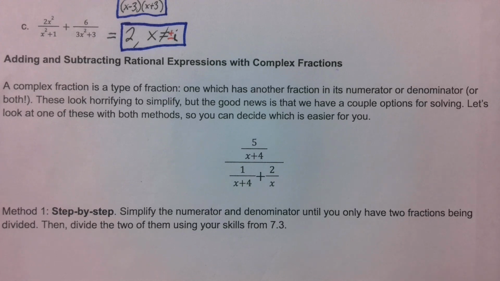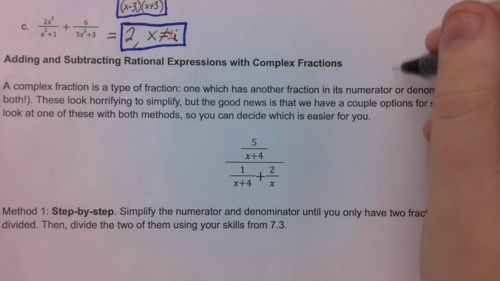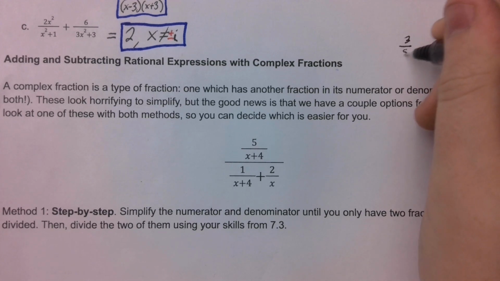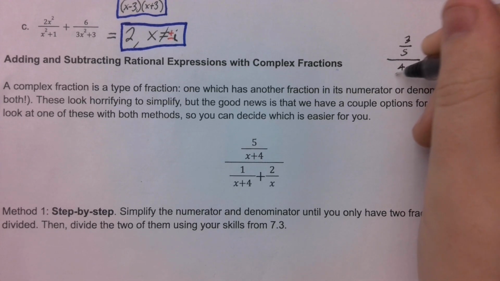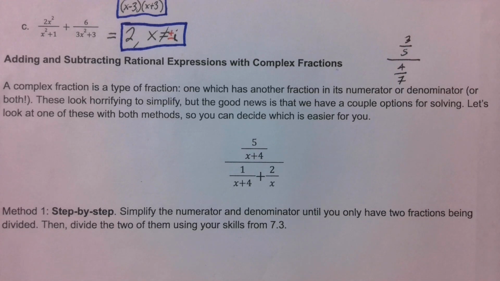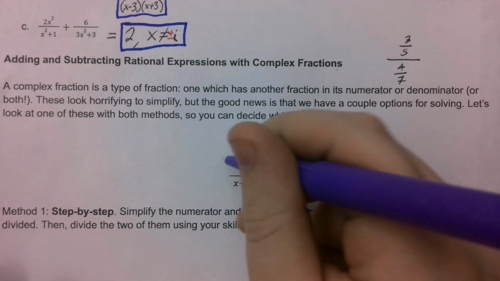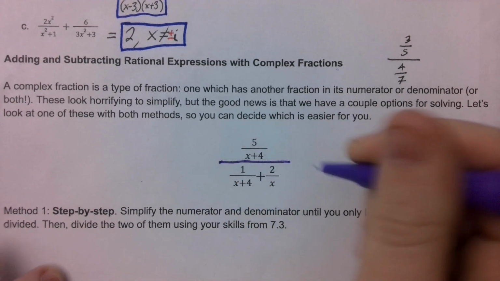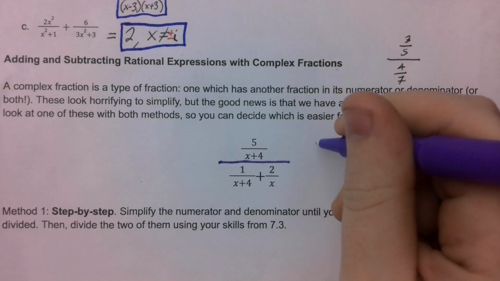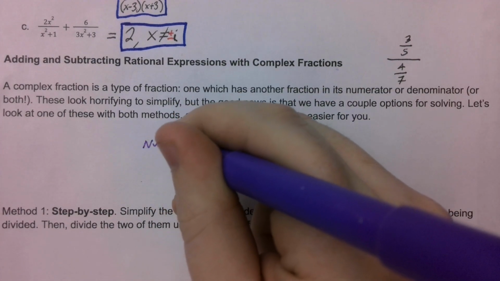So like in lesson 7.3, if I gave you 3/5 divided by 4/7, this would be a complex fraction. The most important thing to consider is this. Across this bar here, we still have a numerator and a denominator.